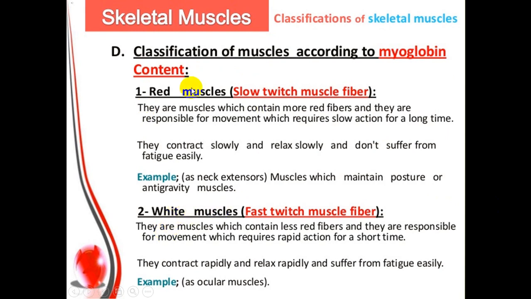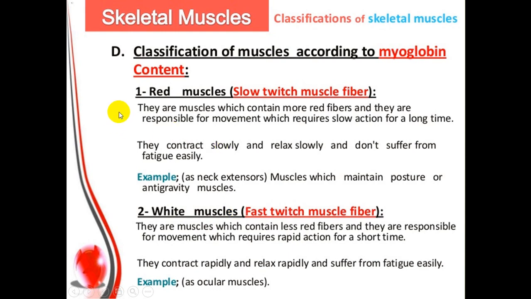But in humans, as these two types of muscle fibers are mixed in different proportions, we classify the human skeletal muscle according to the concentration of red and white skeletal muscle cells. The muscles which have more red fibers than white fibers are known as red skeletal muscles, and those which have more white fibers as compared to red are known as the white skeletal muscles.